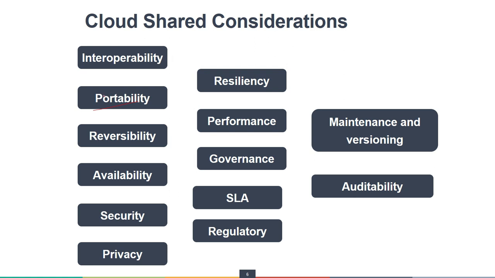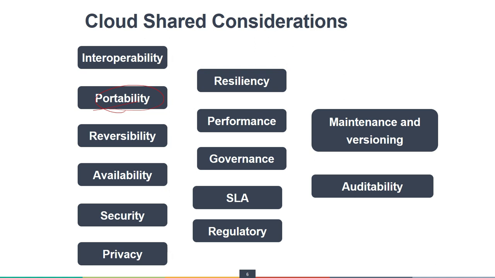So lock-in means that it prevents a customer from moving from one cloud provider to another. So when we say portability, if the cloud is supporting portability, that means there is no lock-in issue with that. Reversibility is the key enabler to reduce the vendor lock-in. So, kind of related terminologies.